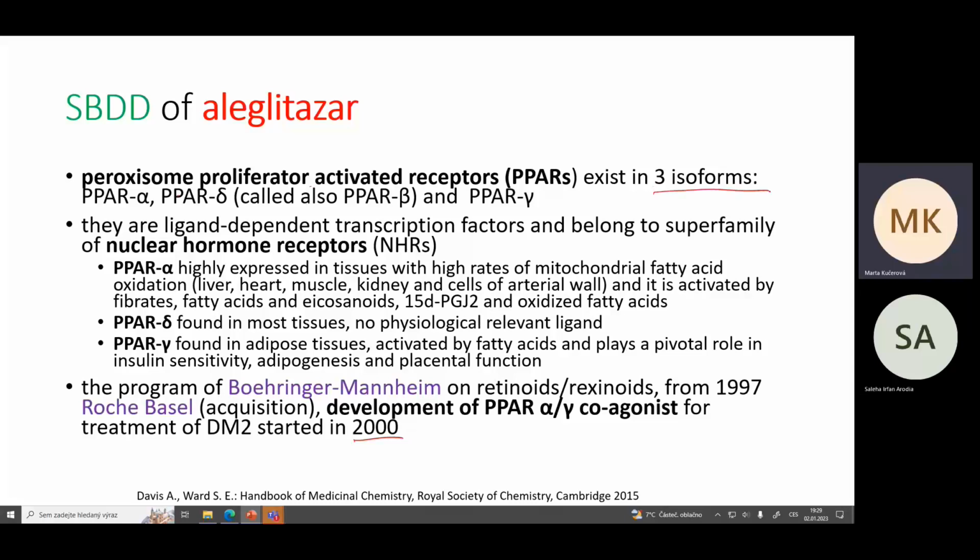It is known that there are three isoforms. It's PPAR alpha, PPAR delta, called also beta, and PPAR gamma.